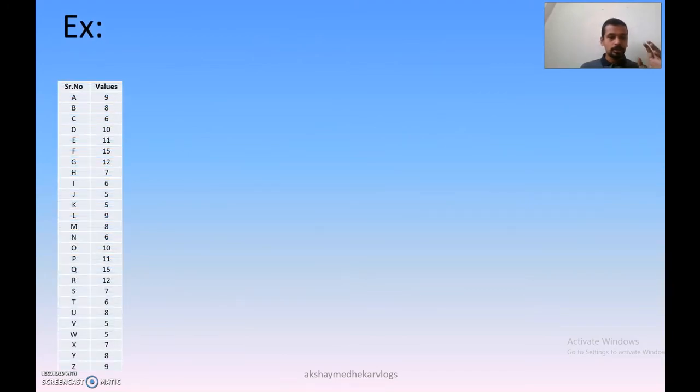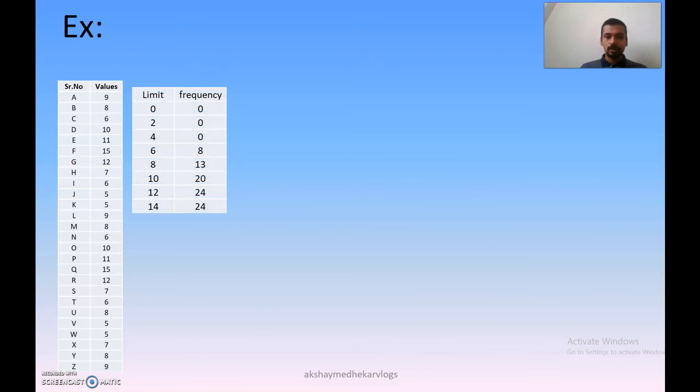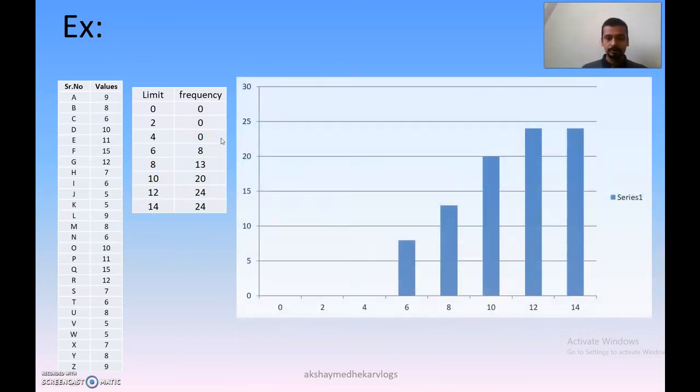So we'll see an example. So these are the data from A to Z. These are the values we can get from that data. So for the limit, we need to capture the frequency. So for the limit 0, how many times the value is repeating. For 2, 4, 6, 8, 10, up to 14, we captured how many times the data value is repeating.